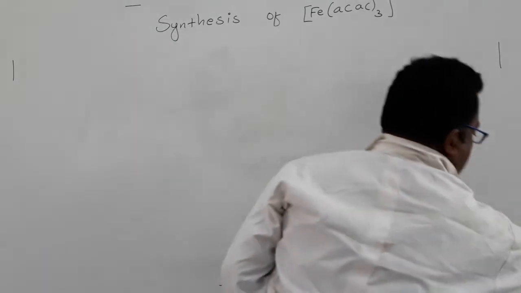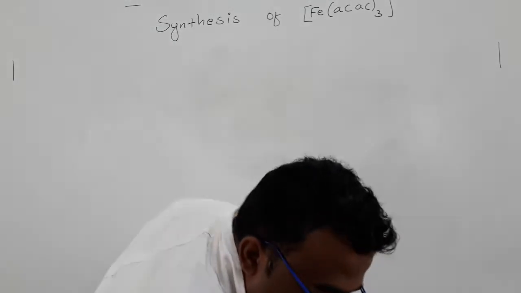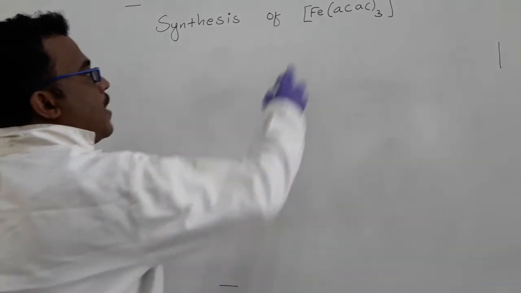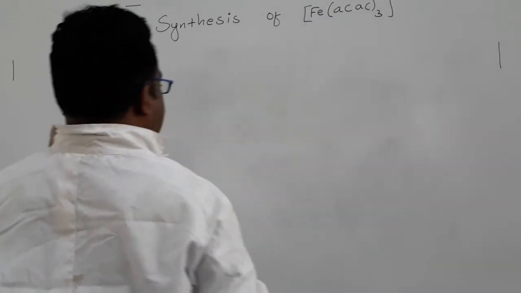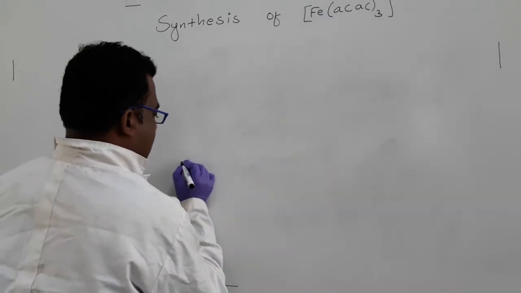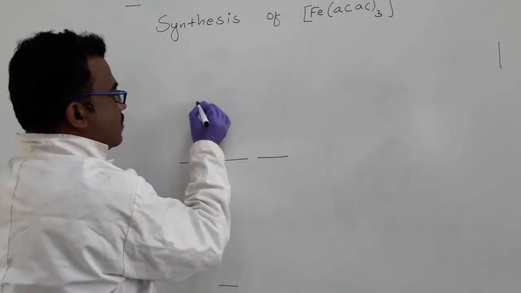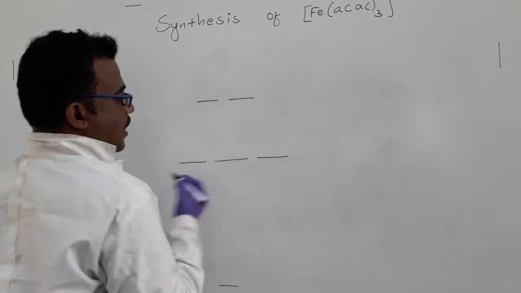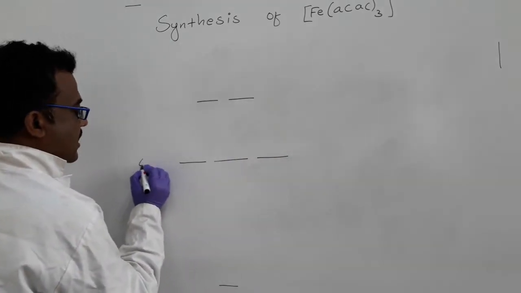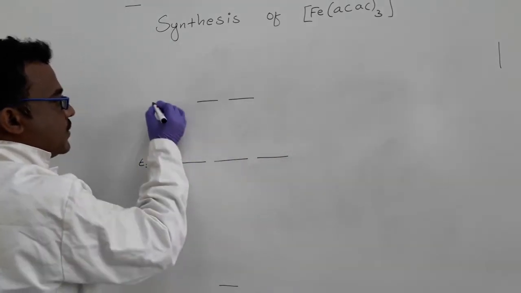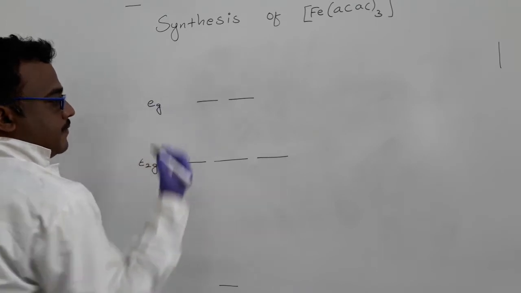I would like to talk now about the crystal field splitting diagram of the iron complex. You have the t2g level as well as the eg level.